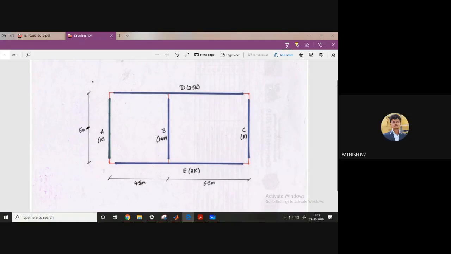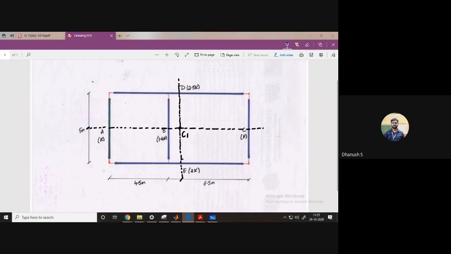So half is 5.5. So somewhere here. So if I draw these 2 lines, my center of mass is going to be at the intersection of these 2. Correct? Yes, sir.